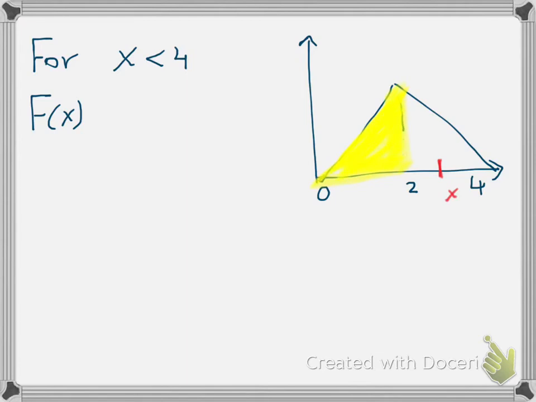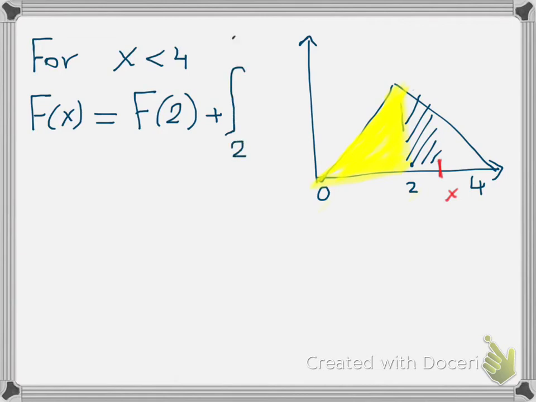You can integrate from 0 to 2 the function 1 over 4 x, or you can say this yellow area is the cumulative of 2, plus then you integrate from 2 up to the value of x, which lies between 2 and 4. From 2 to x the function used is 1 over 4 (4 minus x).